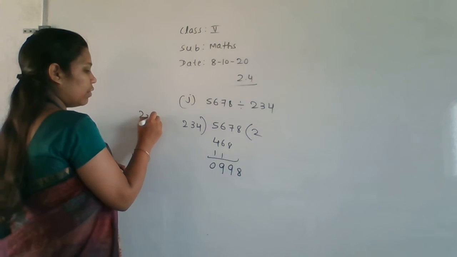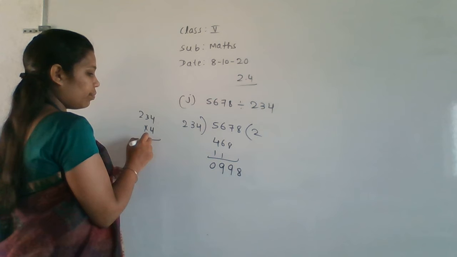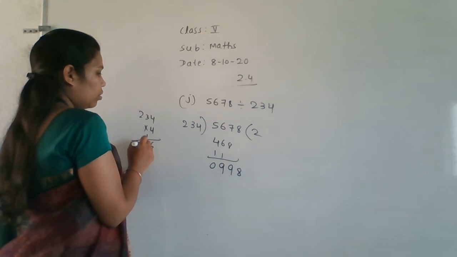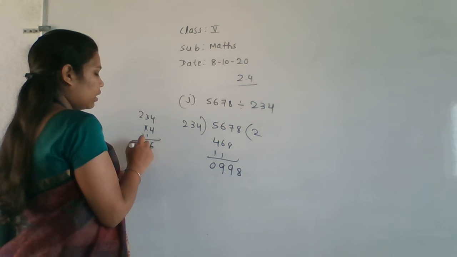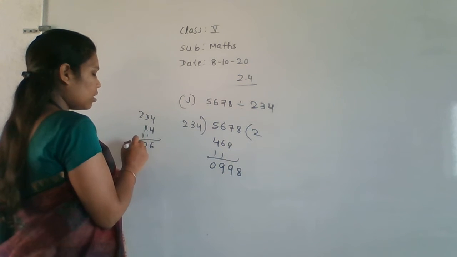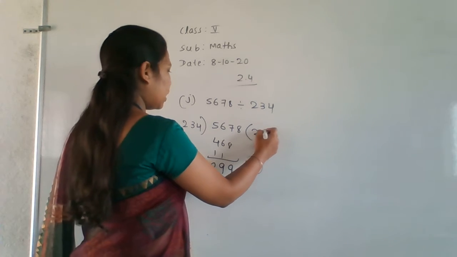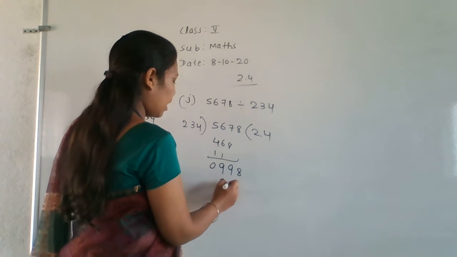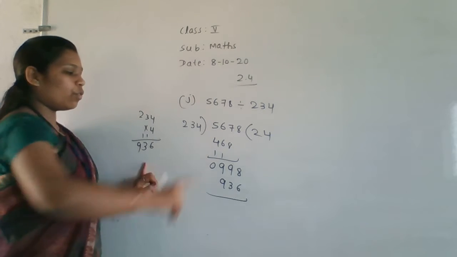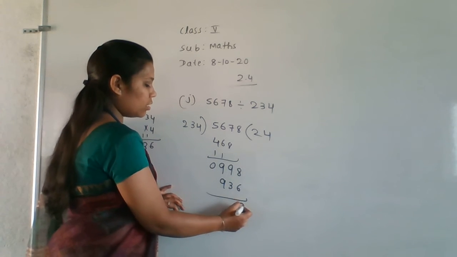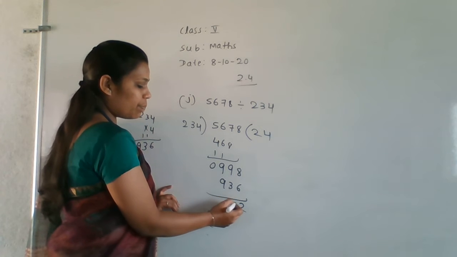That is 234. Take 4s. 4 4s are 16. 4 3s are 12, 12 plus 1 is 13. 4 2s are 8, 8 plus 1 is 9. That is 234 4s are 936. 8 minus 6 is 2. 9 minus 3 is 6.